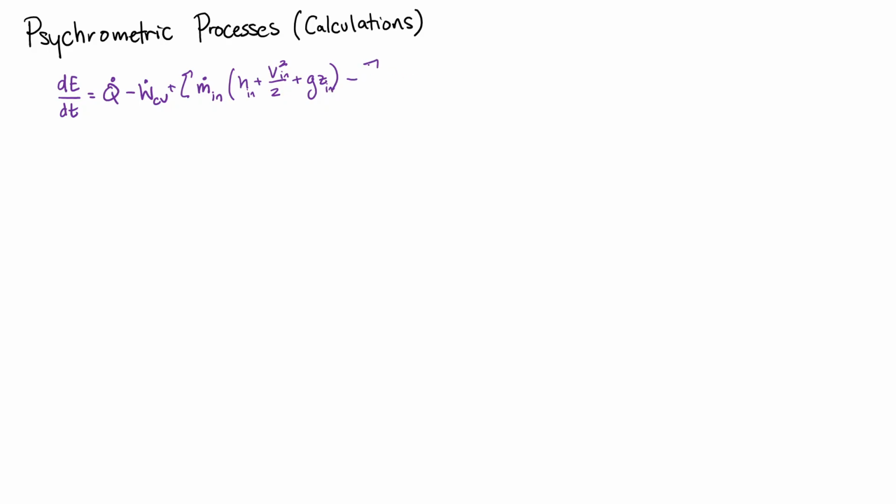Minus the sum of our mass flow rates out, times our enthalpy out, plus our velocity out squared over 2, plus our potential energy portion out. So that is our generic energy equation.